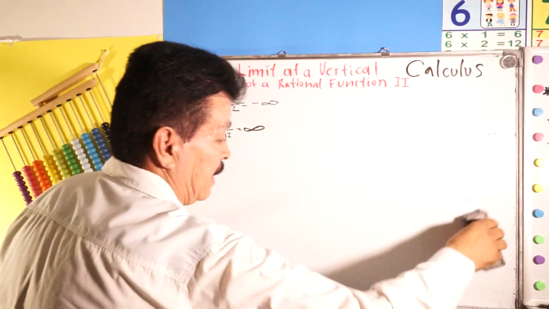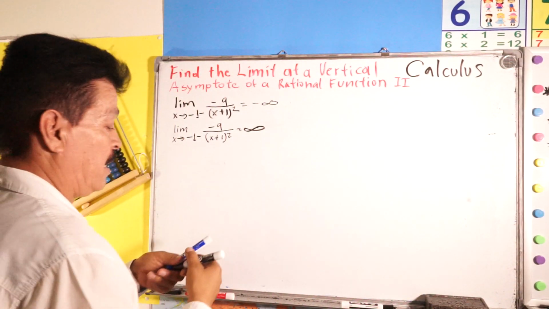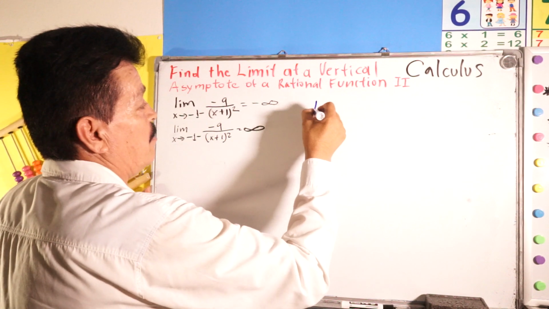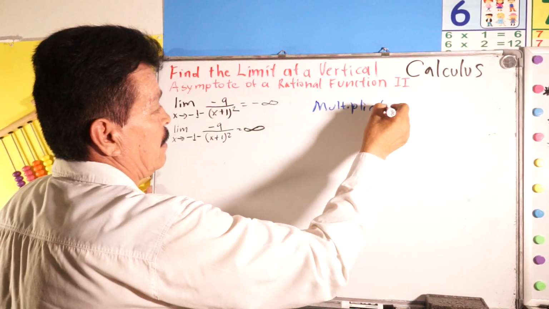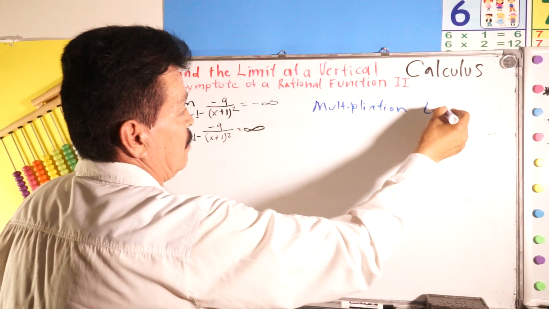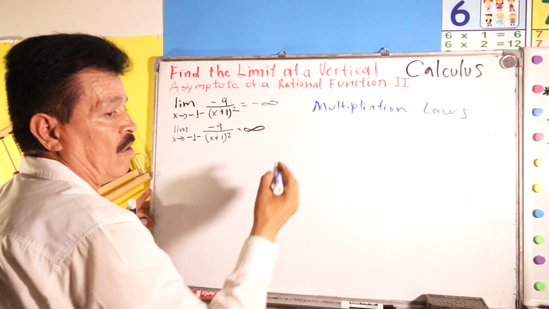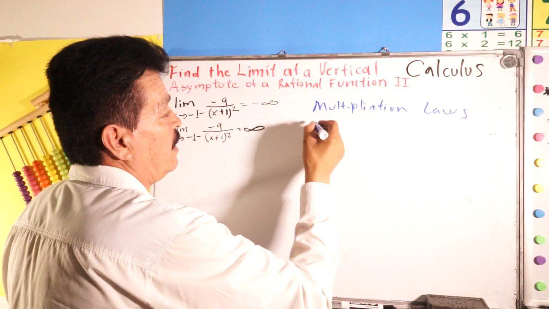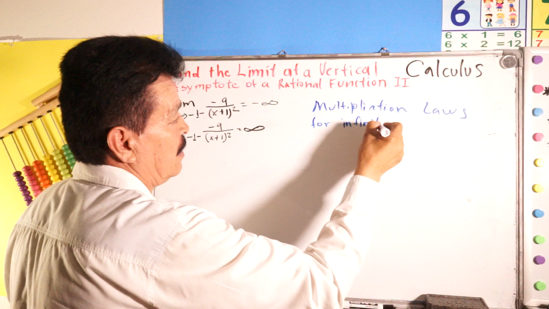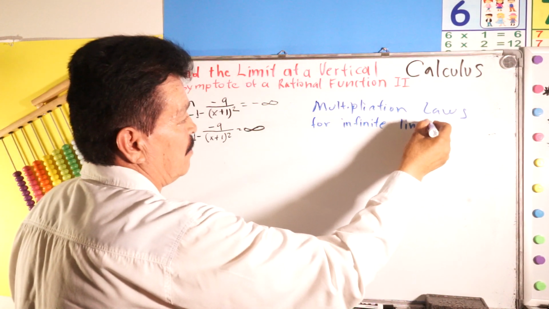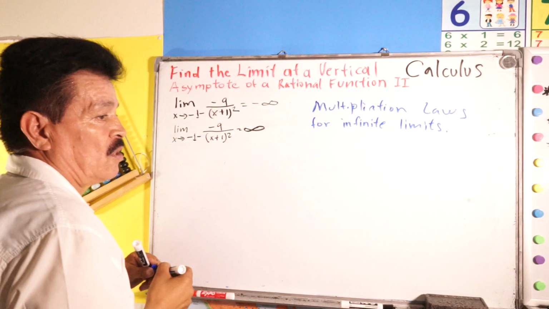So now the next main point, the multiplication law. That's very important. Laws for infinite limits. All right, which one are they?